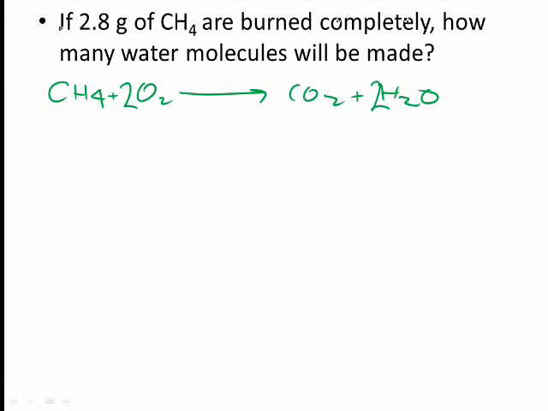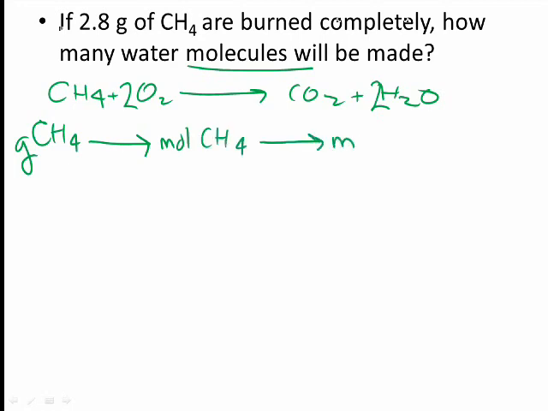Now hopefully you can figure out how we get molecules from all this. We start with grams of methane. And then of course we go to the mole of methane. And then we go to the mole of water. And from there we go to molecules of water.